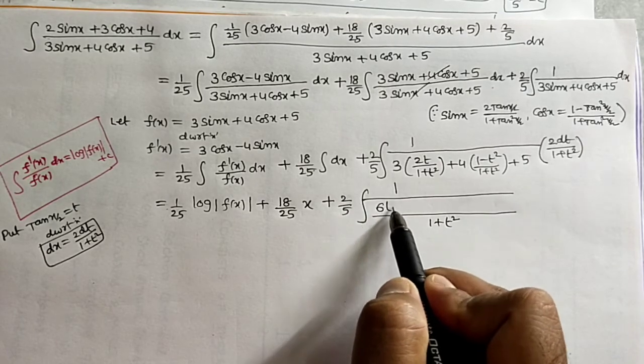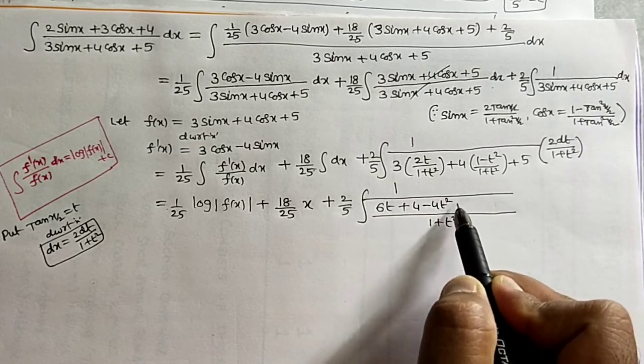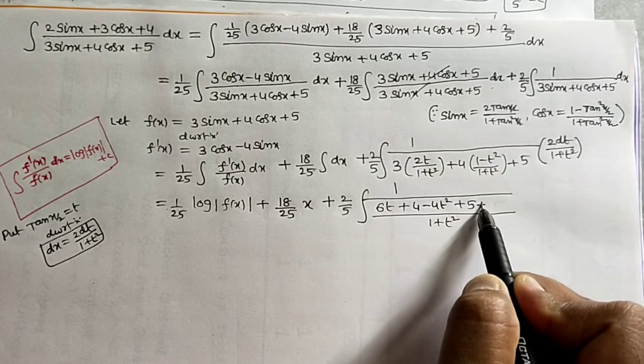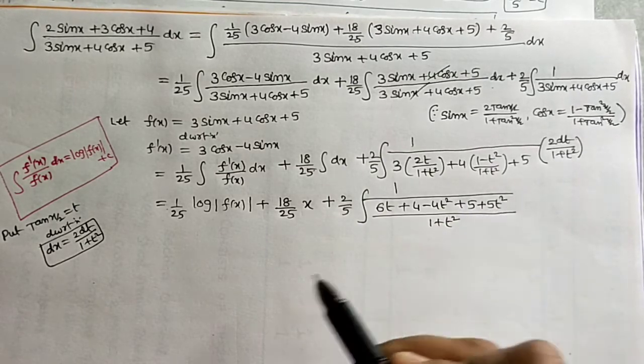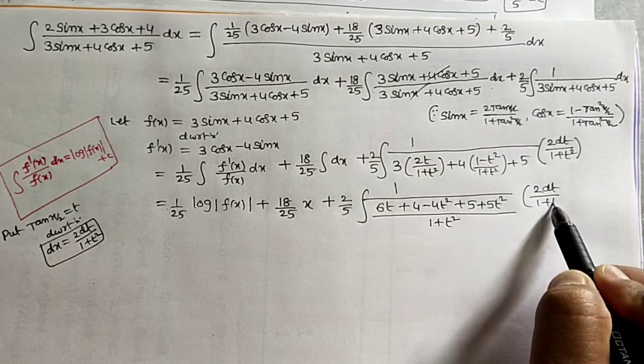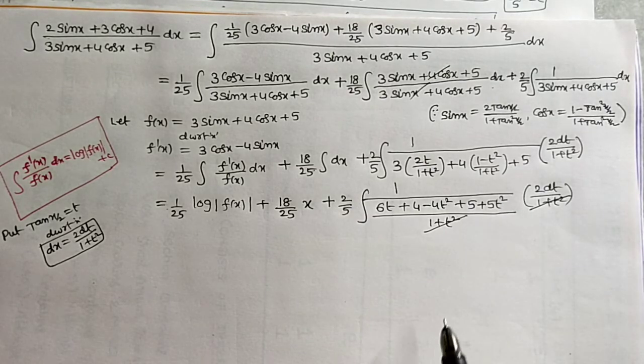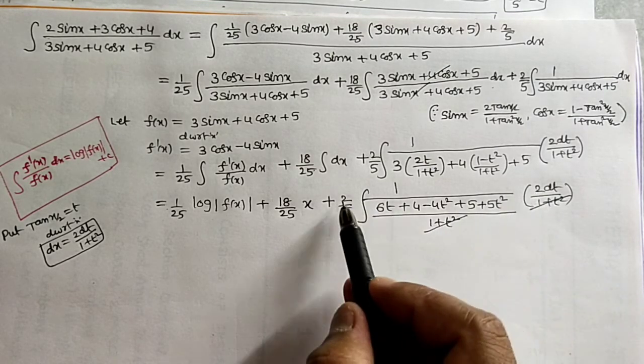So 6t plus 4 minus 4t square plus 5 plus 5t square, 5 into 1 plus t square. So remaining is 2 dt by 1 plus t square. In both denominators 1 plus t square gets cancelled. Here the constant 2 we can take outside of the integral.